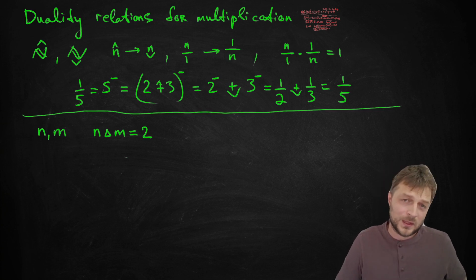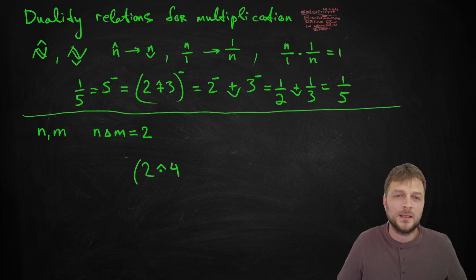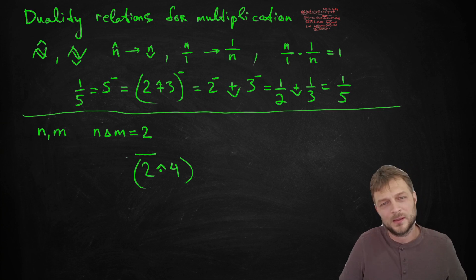So what we can now check, if we take 2, multiply, let me write it here. If we take 2, I use base 2 compatible numbers for simplicity, and why I'm using base 2 will be clear later. And if I take the dual of this, I will denote it like this.